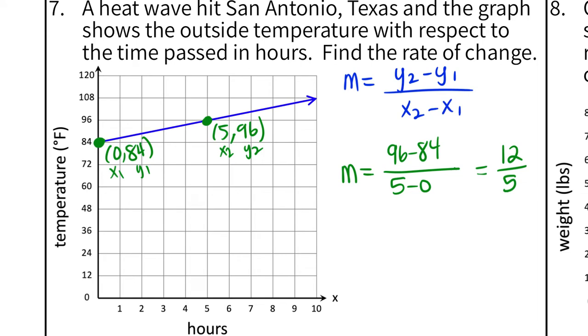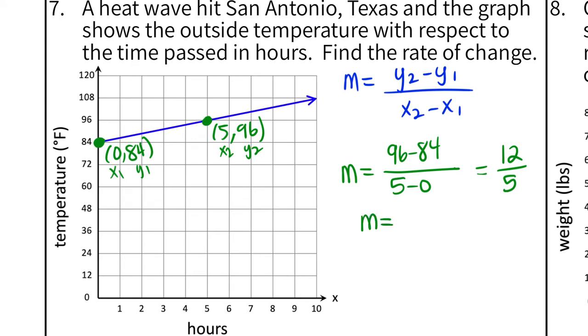But we're going to write it in terms of a decimal, because if you read the story, it's talking about a heat wave and the temperature is going to go up. So it's hard to say it's going to go up by 12 over 5 degrees. You want that as a decimal. If you press Control-Enter on your calculator, it should change it for you.